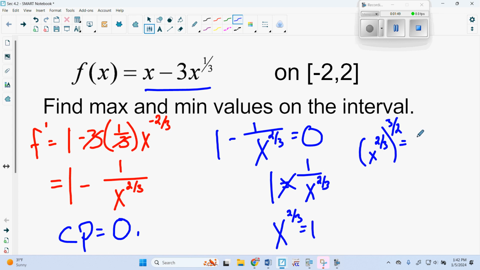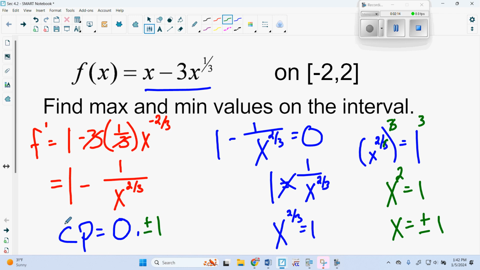Excuse me, not 3/2. Let's just raise it to the 3. If I just raise both sides to the 3, the 3's cancel, and I get x squared equals 1. So you can see for the x, I get plus or minus 1. So there are our critical points.